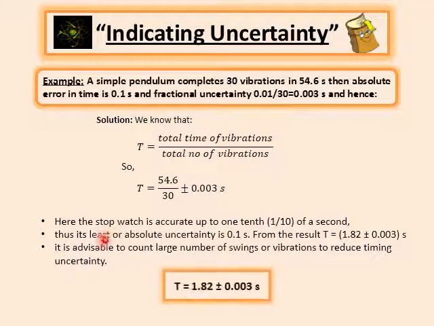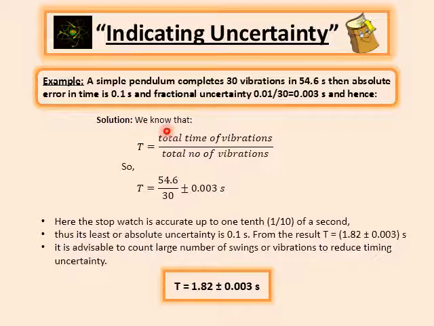Now students, here we are going to represent a simple example for the time period to indicate the uncertainty. A simple pendulum completes 30 vibrations in 54.6 seconds. Then absolute error in time is 0.1 seconds and the fractional uncertainty means 0.1 divided by 30, which is equal to 0.003 seconds.